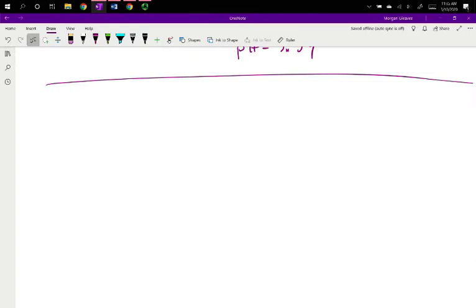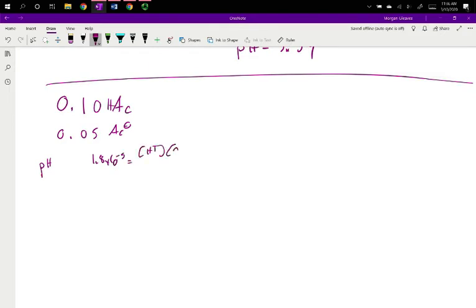Well, let's compare two things real quick. Let's do 0.1 for the acid and 0.05 for the base. So we'll speed this one along, find the pH real quick. That'll be 1.8 times 10 to the minus 5 equals our H+, 0.05 over 0.10.